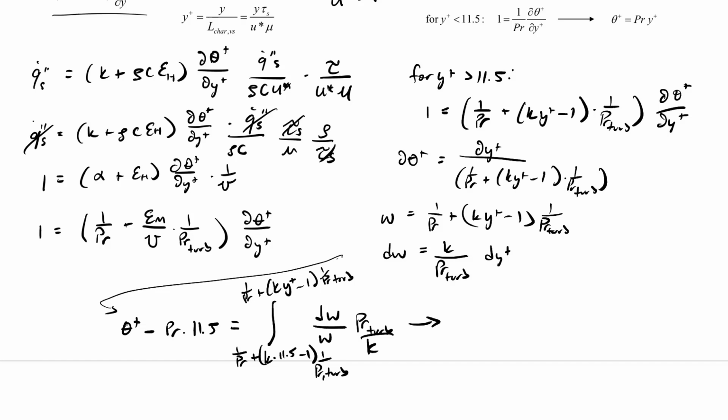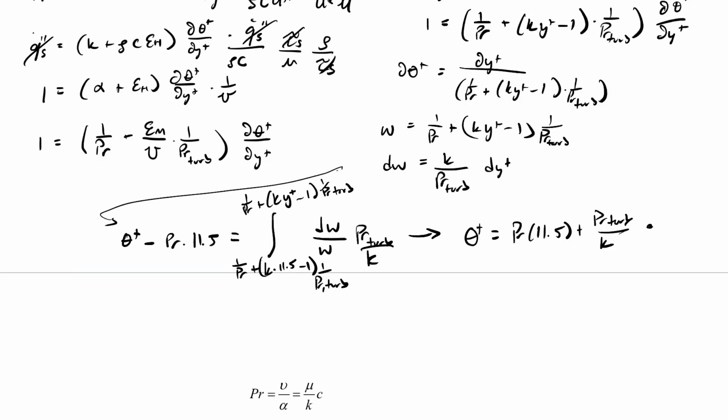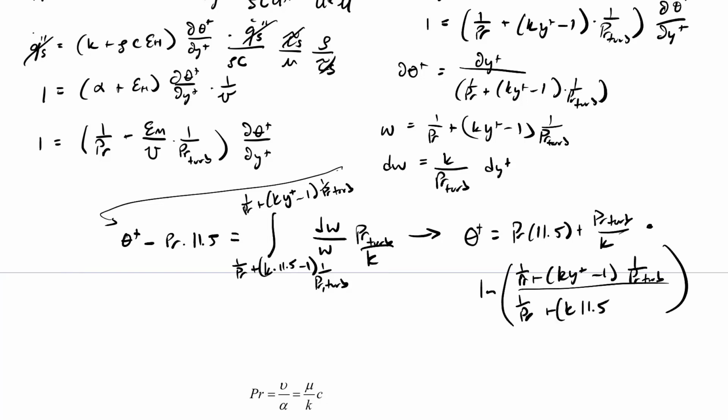It's really not that hard to do, but we end up with theta plus equal to Prandtl times 11.5 plus Prandtl turbulent divided by kappa times the natural log of this whole big mess, which is 1 over Prandtl plus kappa y plus minus 1 times 1 over Prandtl turbulent, divided by the lower bound, which is 1 over Prandtl plus kappa times 11.5 minus 1 times 1 over Prandtl turbulent.